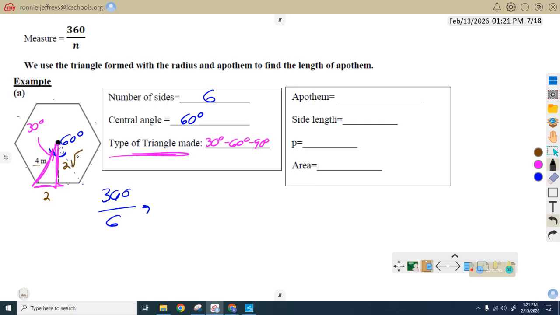So this would be 2 root 3. So that's our apothem, 2 root 3 right here. Okay. Now, our side length is this over here. So if this is 2, what does this length have to be? 2, and the big length is 4. Yes.